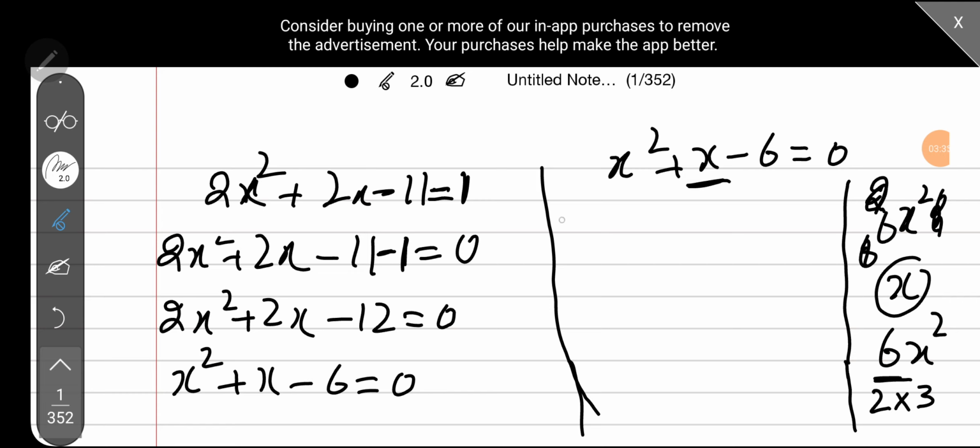So let's solve the problem. If we put a minus sign to 2x and a plus sign to 3x, then if we add these values, it will give us x. If we multiply them, it will give us 6x square.